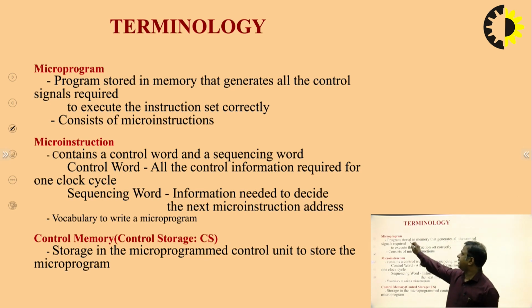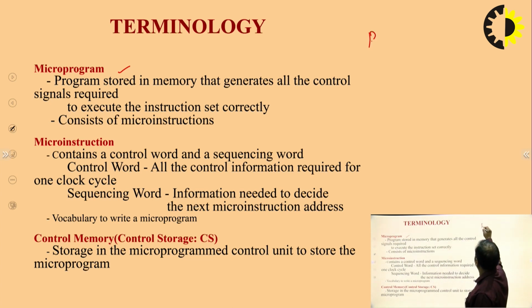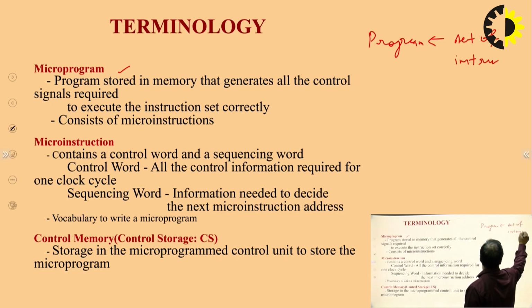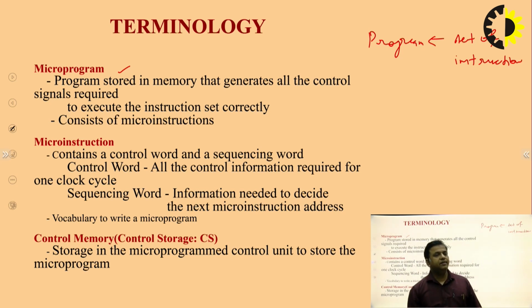First is the micro program. I always compare program, micro program, instruction, micro instruction. What do we learn about a program? A program is a set of instructions. Similarly, what is the meaning of micro program?